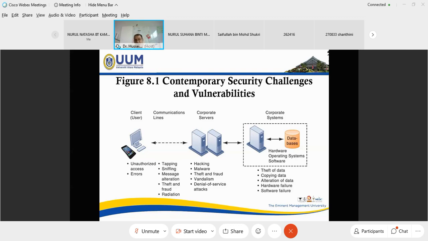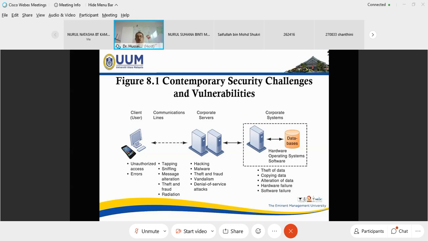In the communication lines, we have tapping, sniffing, message alteration, theft and fraud, radiation. When you transfer data, hackers could come to you.